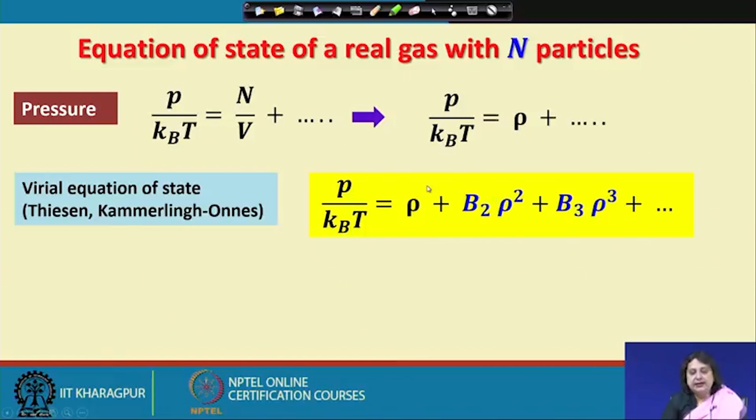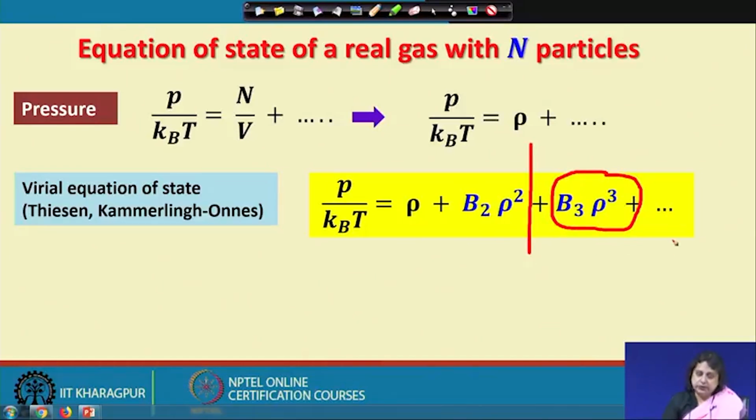Now, this tells me that if I follow the virial equation of state as I have shown you before, P by kT is given by some term like this, where the first term is rho, that is the leading term, and then I have additive corrections in the form of B2 rho square plus B3 rho cube and so on. Now, if the density is not too high, I can neglect this term and truncate this correction at the level of rho square.